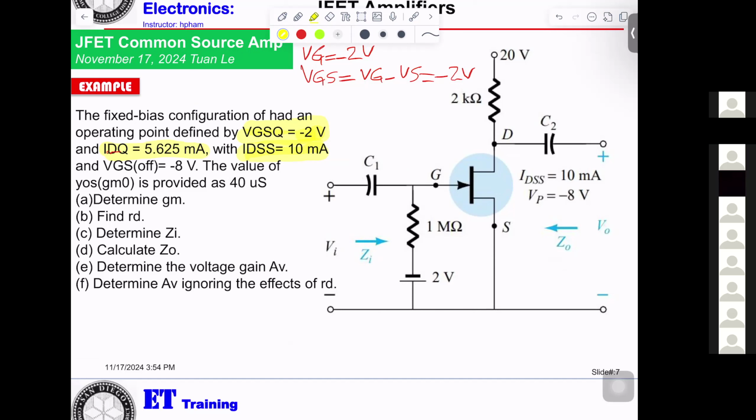You cannot do anything with that. And VGS off, they give as minus 8 volt. Normally for a JFET, they will give you two things here: IDSS and VGS off, equal to minus 8 volt.